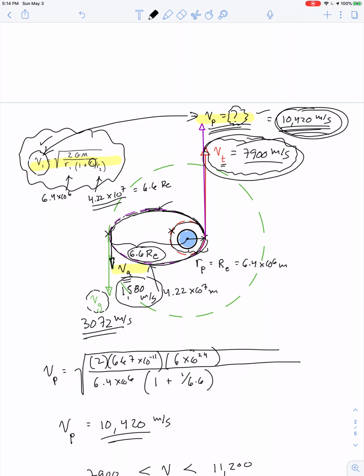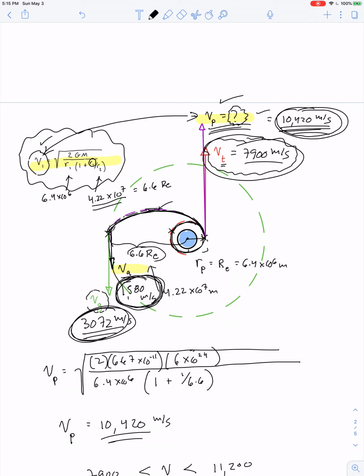It sends the satellite onto an elliptical path, and then to avoid having the satellite fall back in and complete the second half of that elliptical orbit, satellite starts on the circular orbit, receives this thrust, travels half of an elliptical orbit, and then before it starts to fall back in, you increase the speed from 1,580 meters per second up to 3,072 meters per second.